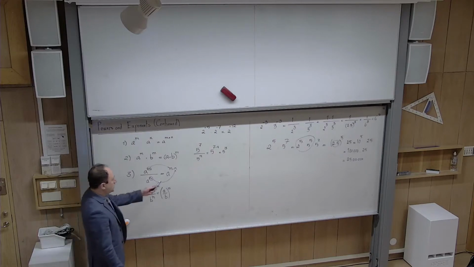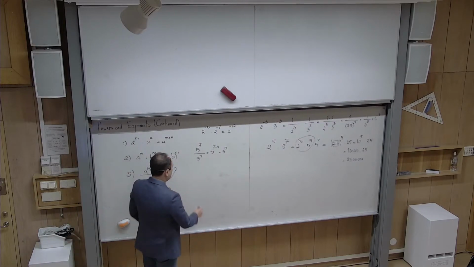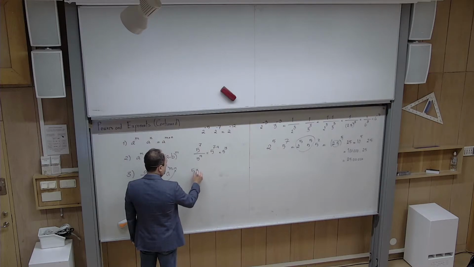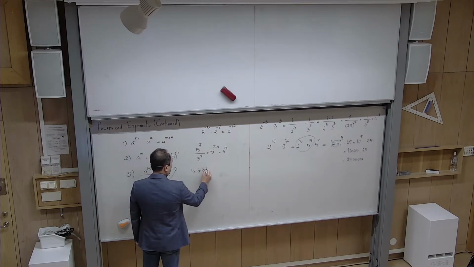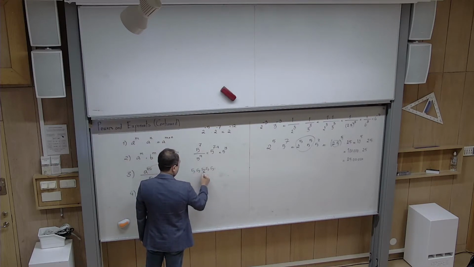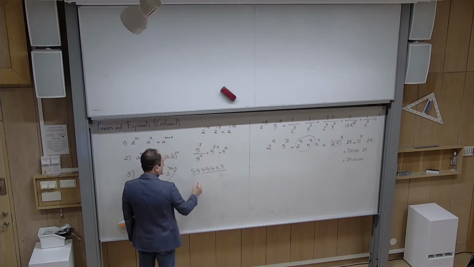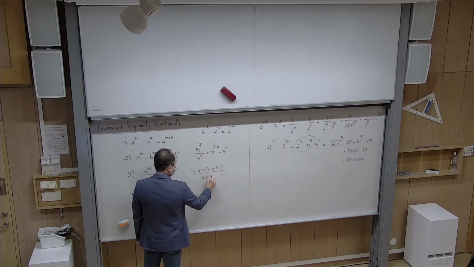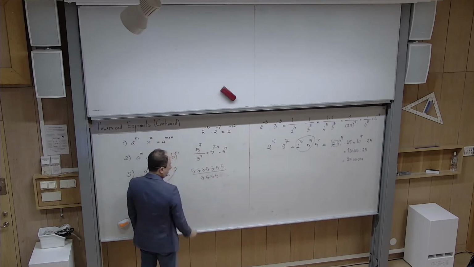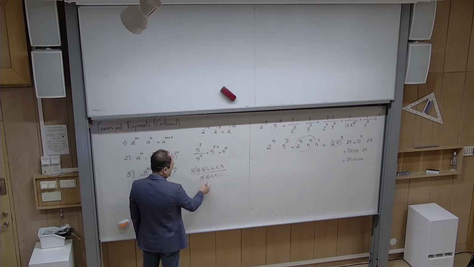By the way, why is this formula correct? Because 5 to the power of 7 means 5 multiplied by itself how many times? 7 times. So 5, 6, and 7. In the denominator, 5 to the 4 means multiplying 5 by itself how many times? 4 times. And then little by little I can simplify these things, and then some 5s are left.